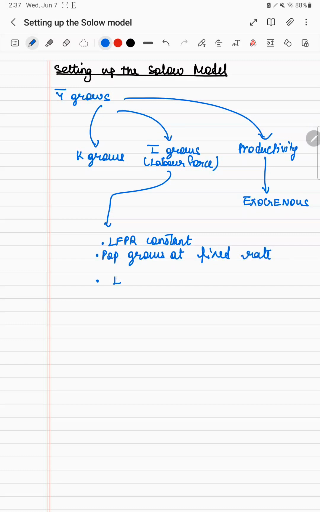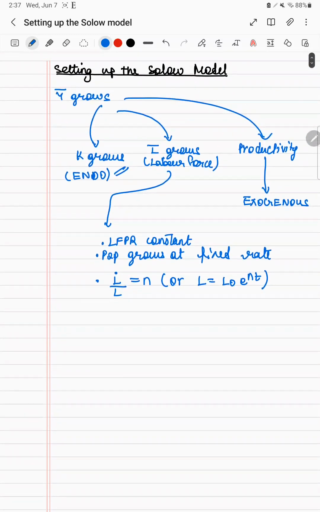So L dot by L equals n, or you might write L is equal to L0 e^(nt). This is what happens in the Solow model. And the growth rate of capital is endogenous in the Solow model. Okay? So we study in the Solow model long run growth through these three parts.